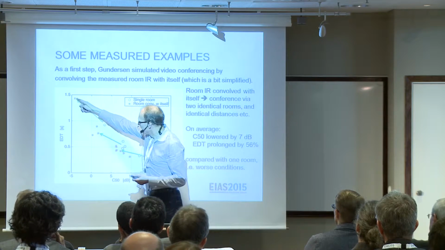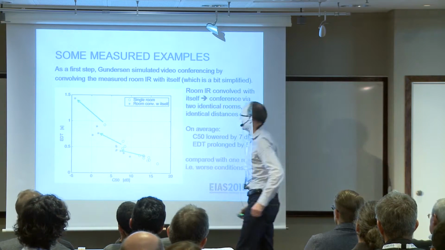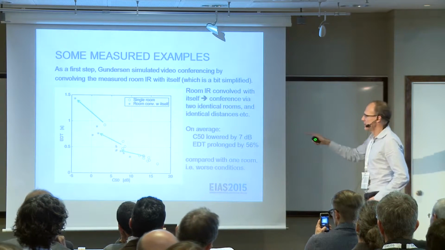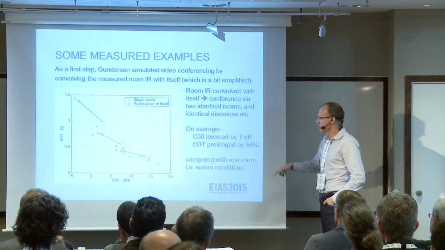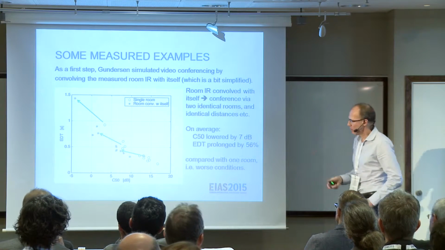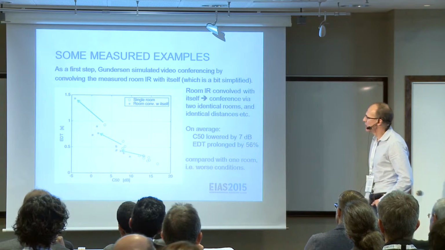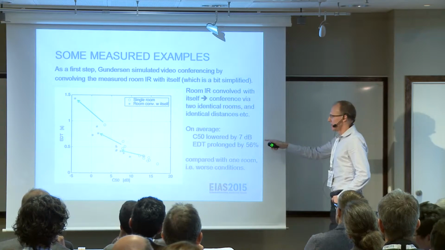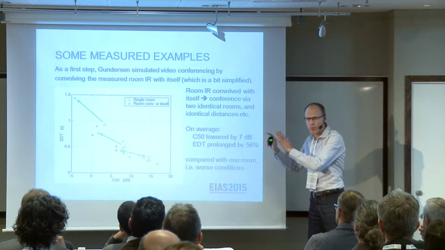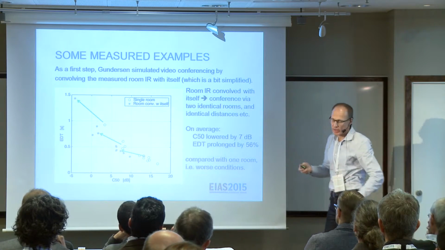This one is moved up here. So we can see that he found that on average the C50 was lowered by 7 decibels. The early decay time was prolonged by 56% on average for these 11 cases. So this shows that when we have this convolution, it's really worsening the conditions, obviously.